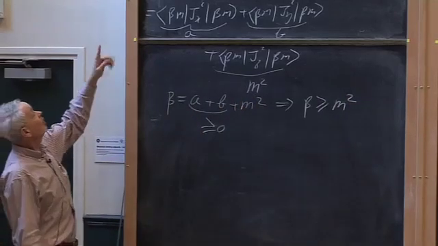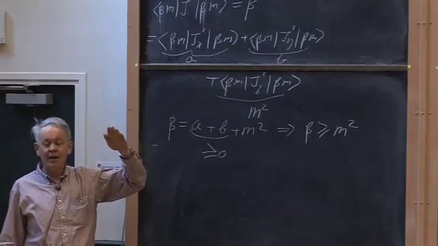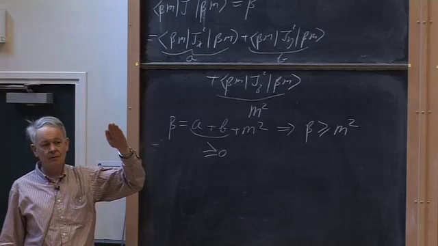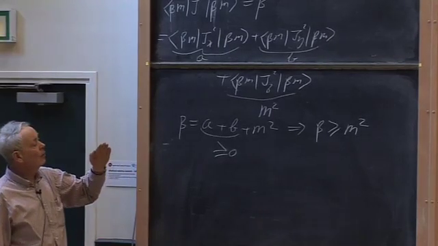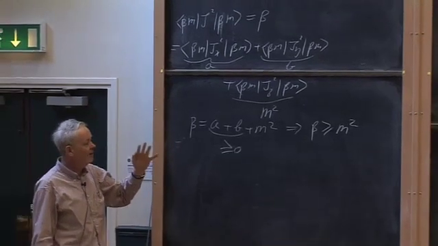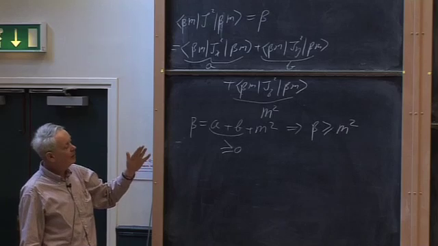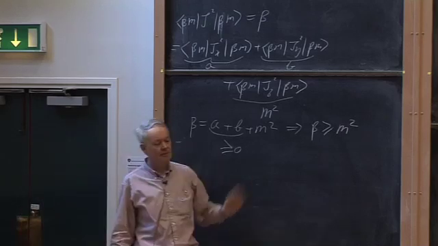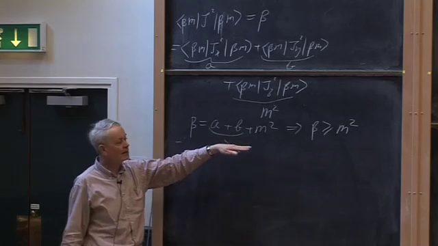We've got an operator J plus, which can make us a new state with m increased by 1, but this new state has the same value of β. So apparently we can make states with bigger and bigger m for the same β. And we've just shown mathematically that that's absurd.